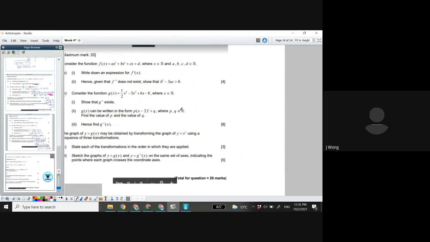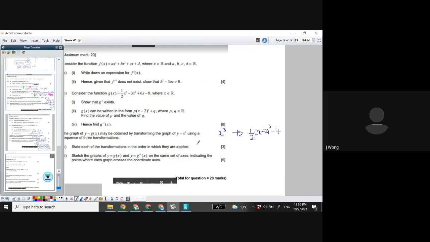So we get from x cubed to a half of (x minus 2) cubed minus 4. The numbers on the outside will be influencing the y, and the numbers on the inside will just be impacting the x.